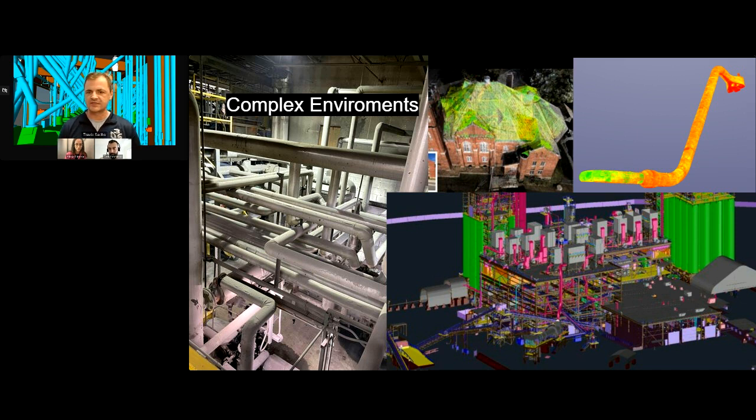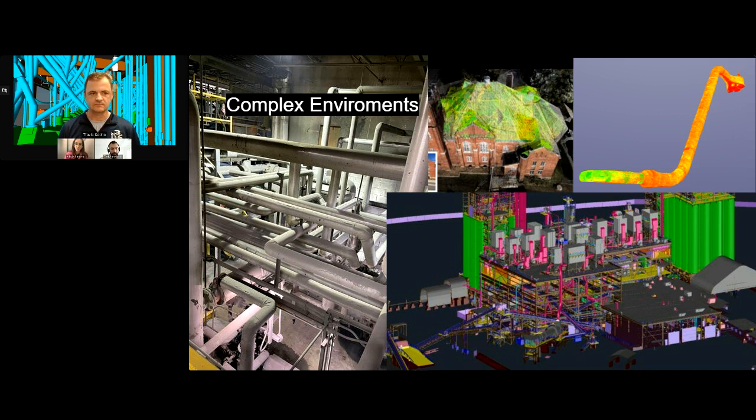Sometimes the long range scanners can get places that even the drones aren't able to. And if you're doing a large complex site and you need to hold that accuracy, like a whole factory, it's much easier to capture that data with a terrestrial scanner. So it'd be good for that application.